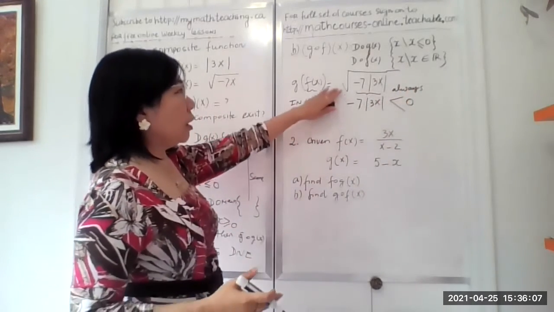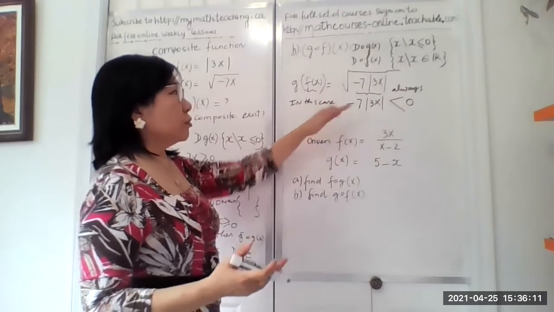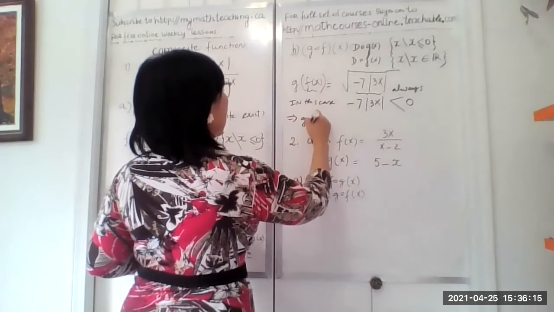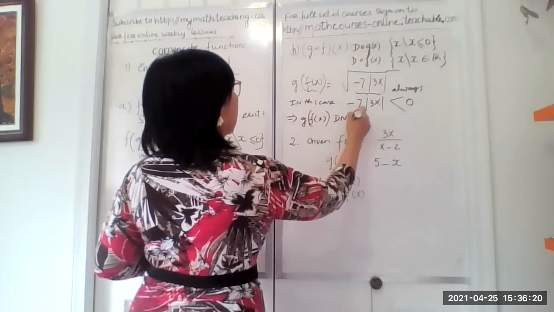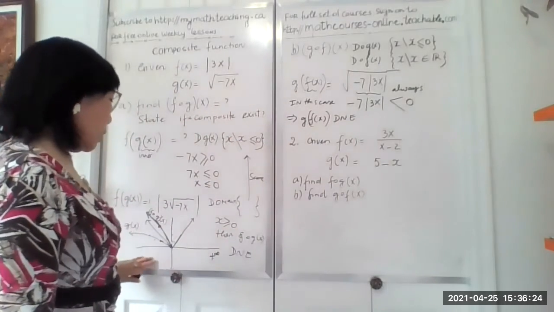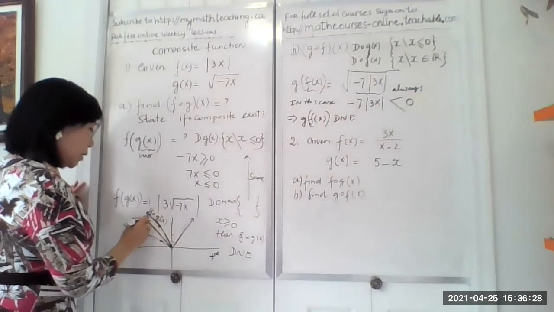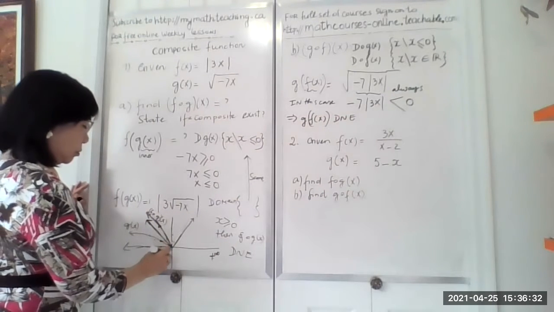We do not allow the radical to have a negative value, so it tells us that g of f of x does not exist. If we find f of g of x, then yes, it exists, but only when x is less than 0.